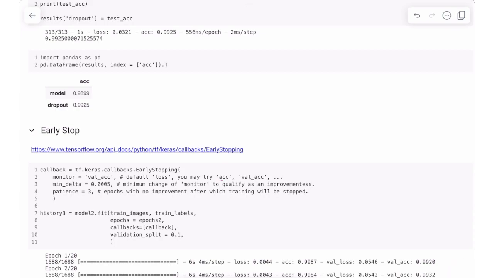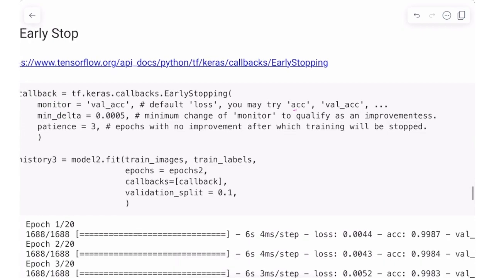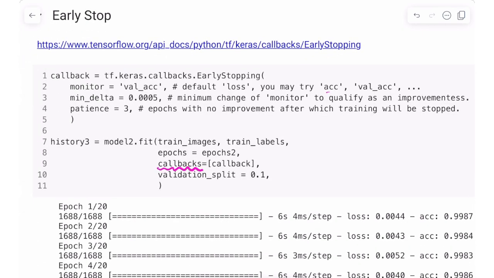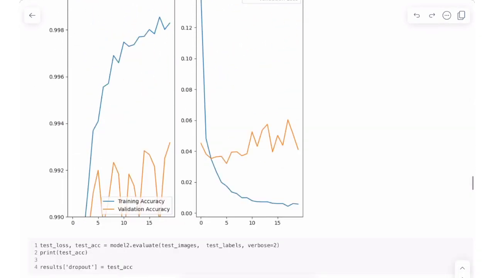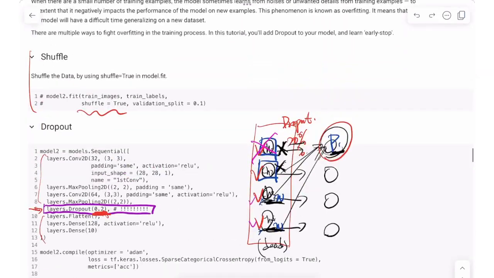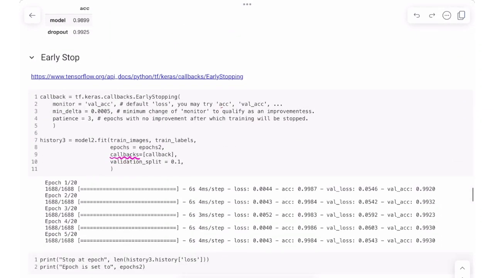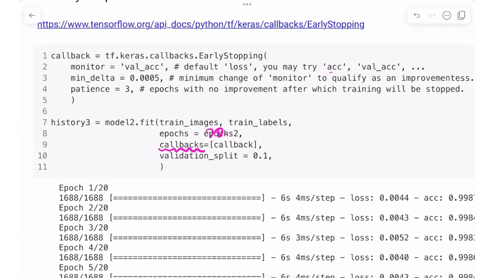The second additional design is called early stopping. We talked about callbacks before. For example, here we have 20 epochs. That means we have 20 different epochs, and for each epoch we have 1,688 different batches.